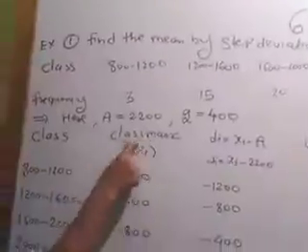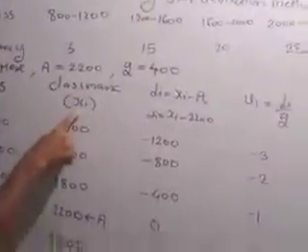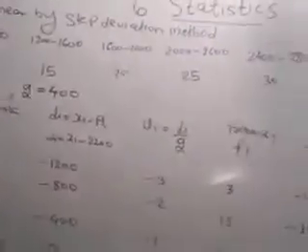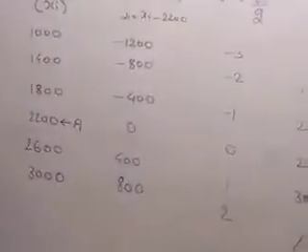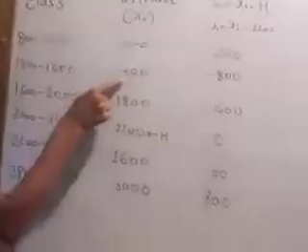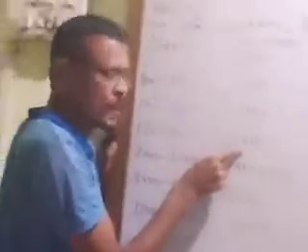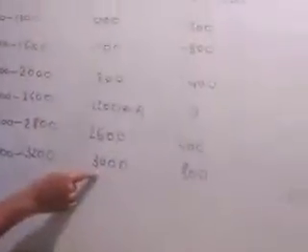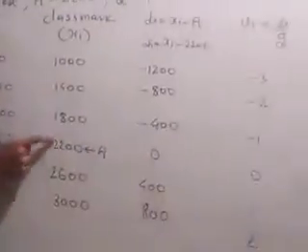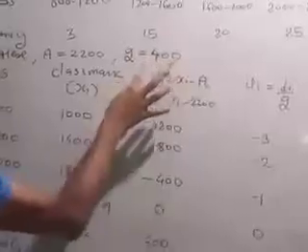So in the first column, all classes are written. Second column, class mark, means xi. 800 to 1200, 2000 upon 2, 1000. Then with difference 400: 1400, next 1800, next 2200, 2600 and 3000. We take any one of these as A, so we consider A equal to 2200. In the third column, di.